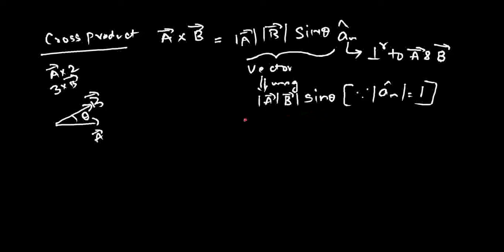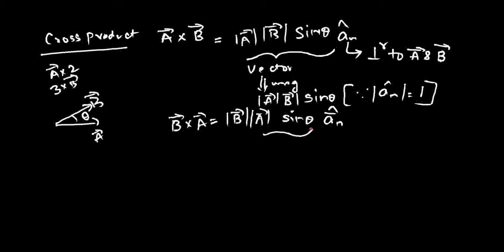Now, using the same equation, write down the equation for B cross A. B bar cross A bar is equal to mod B bar mod A bar sin theta, and again you should have a unit vector which is perpendicular to both B bar and A bar. This is also a vector.